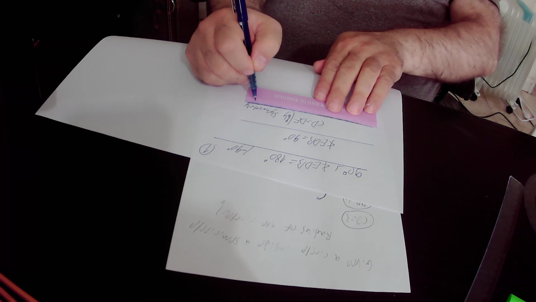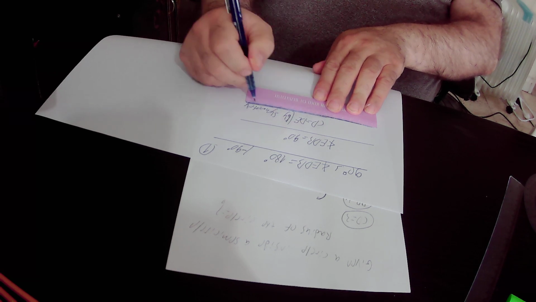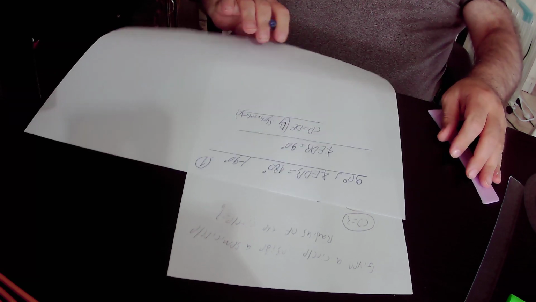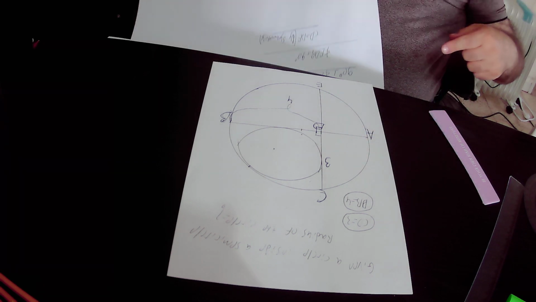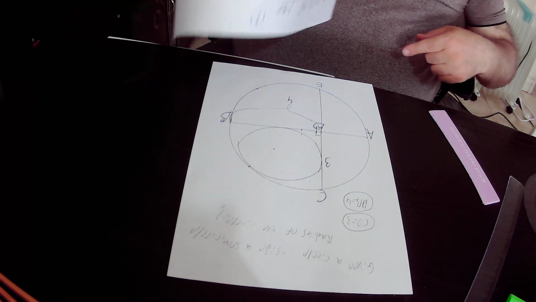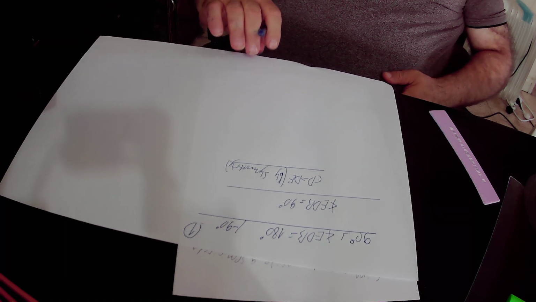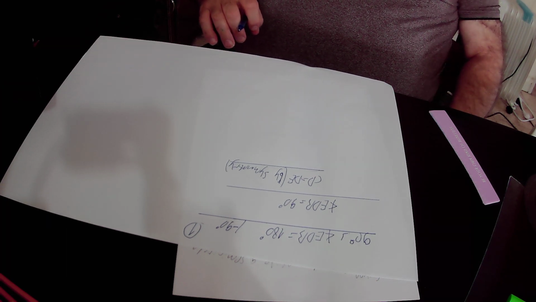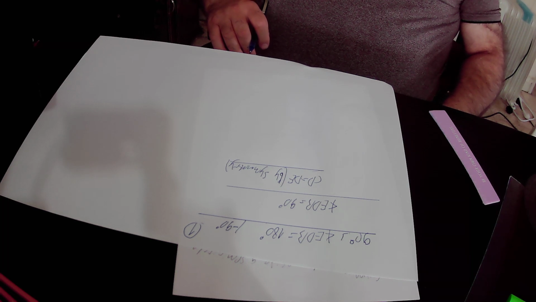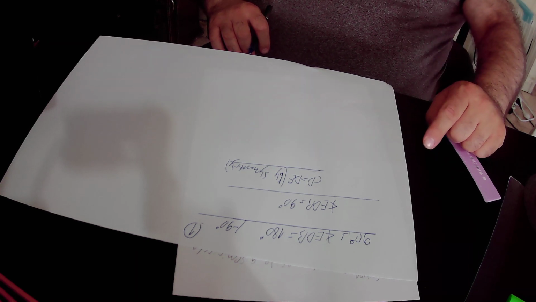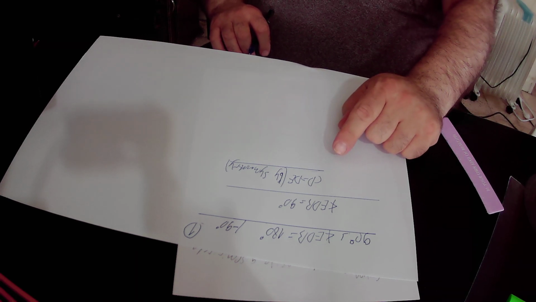Because line segment DE is the mirror image of line segment CD, their lengths must be equal to each other, and the only difference between those two line segments is that their directions are opposite.